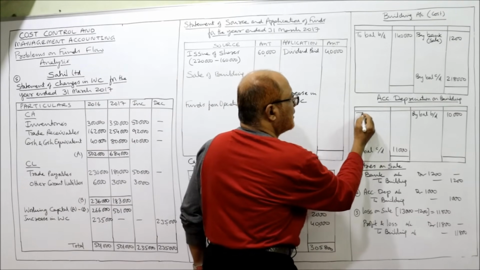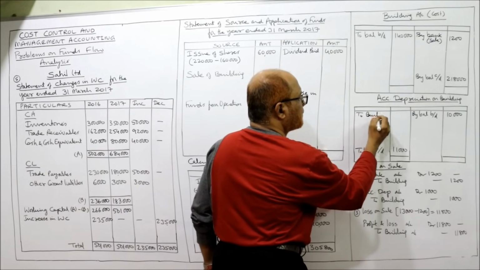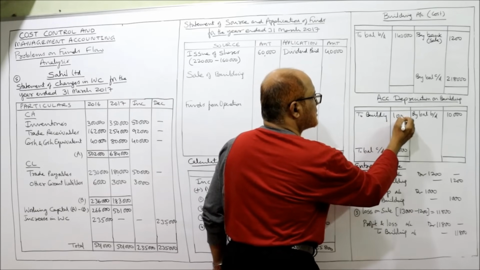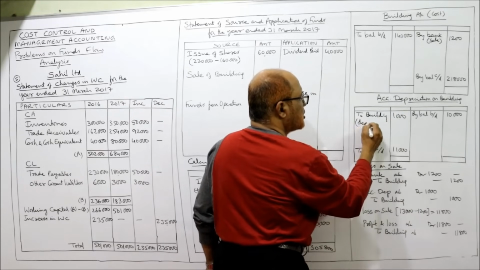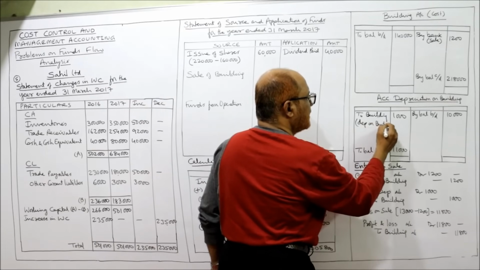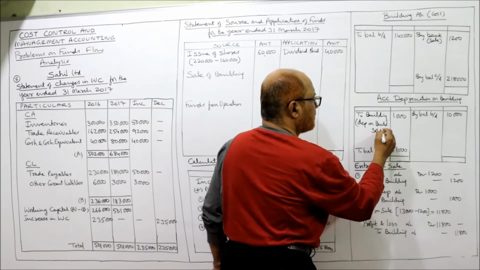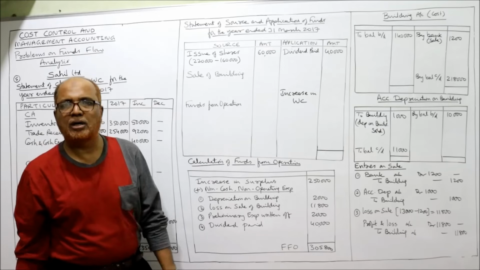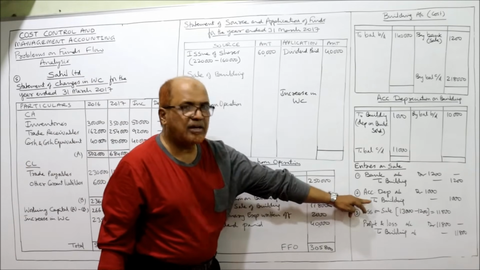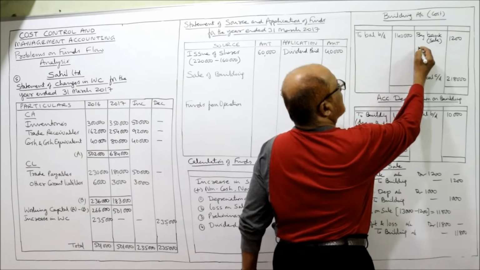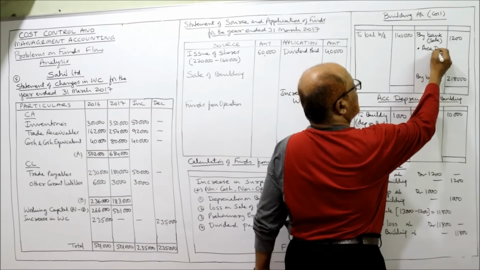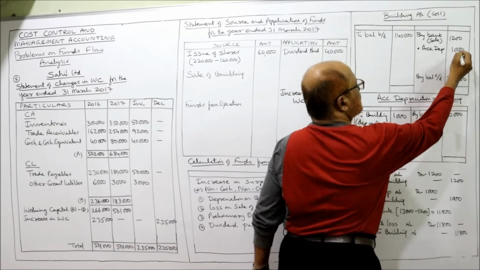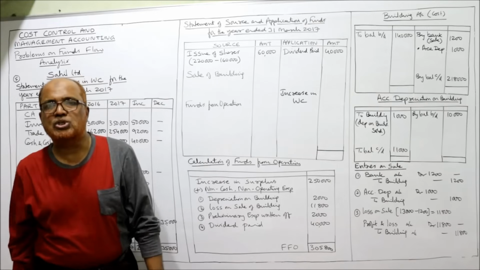So debit side to building 1,000. Depreciation on building sold. Now building account should be credited. So building account credit side by accumulated depreciation 1,000. Two entries we have posted.